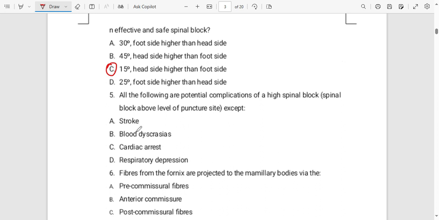The options are stroke, blood dyscrasias, cardiac arrest, respiratory depression. Which one is the exception?